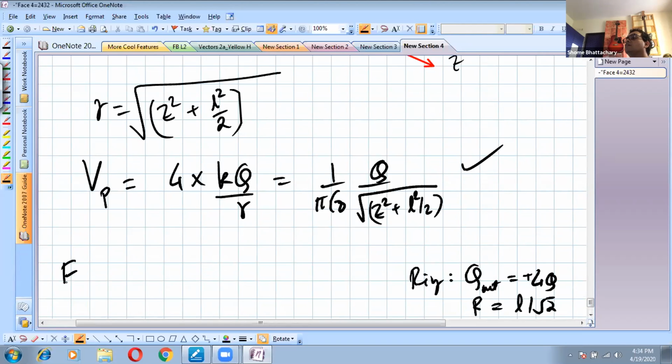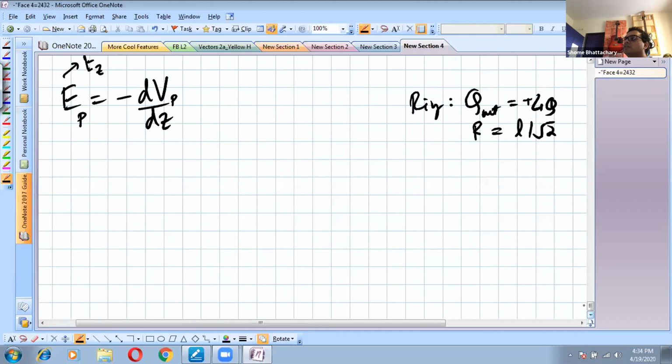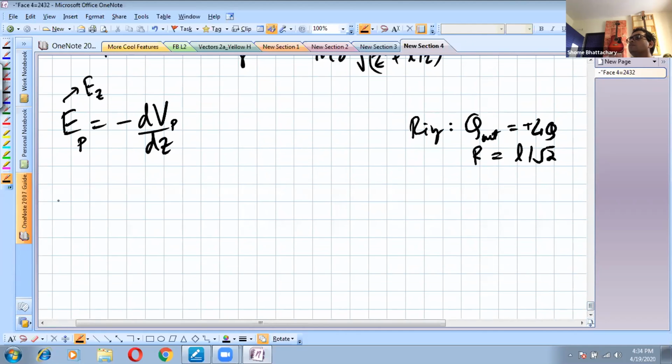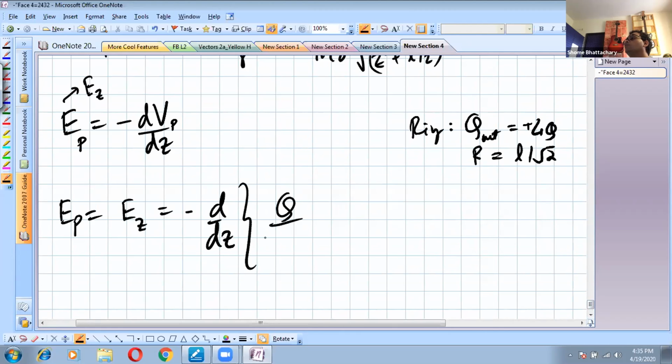So your field magnitude at P is becoming minus dV by dz. And why the minus sign is important here is this is actually the component of the field. This is actually Ez. So plus or minus becomes important. The sign will show you that it is pointing along the positive z axis. So anyway, my z component of field is going to be minus d by dz of this term, Q upon pi epsilon naught 1 by root of z square plus L square by 2.